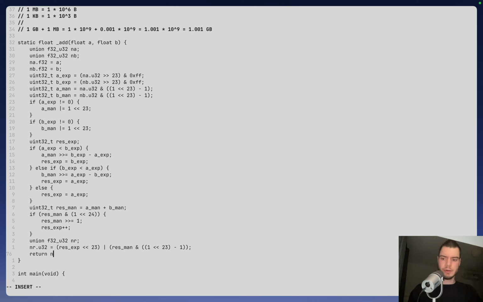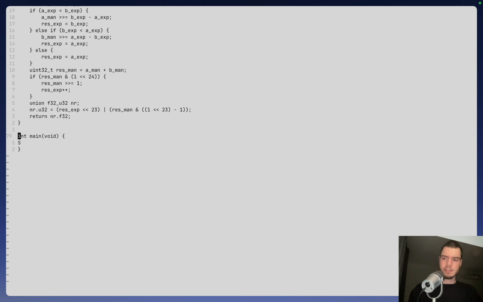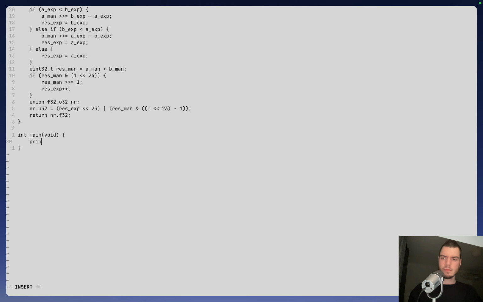Let's try to return the floating point member. And here I just want to print our two input values and the resulting output value. So let's just try to add 1 and 1.